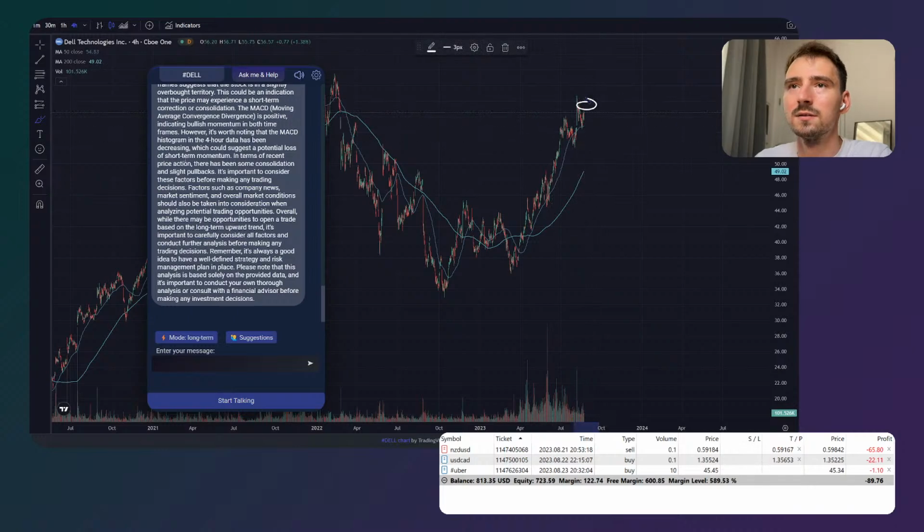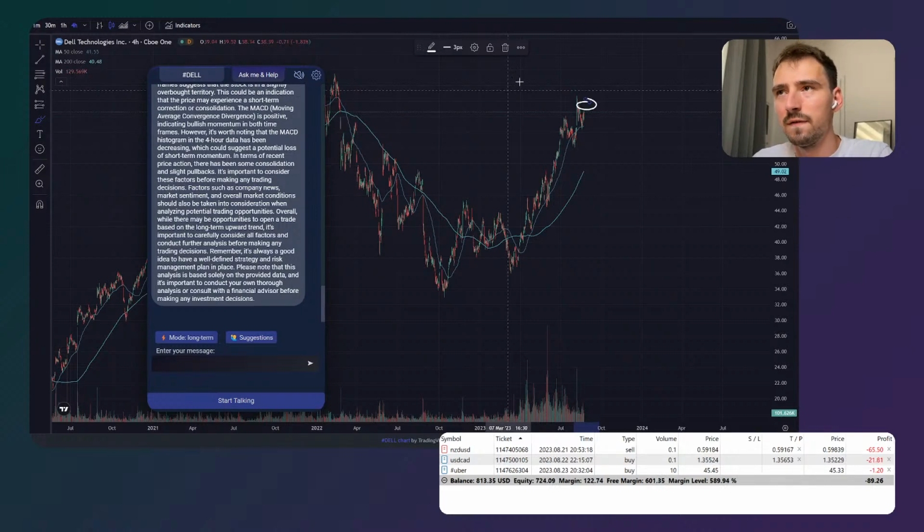The MACD, Moving Average Convergence Divergence, is positive, indicating bullish momentum in both time frames. However, it's worth noting that the MACD histogram in the 4-hour data has been decreasing, which could suggest a potential loss of short-term momentum. In terms of recent price action, there has been some consolidation and slight pullbacks.